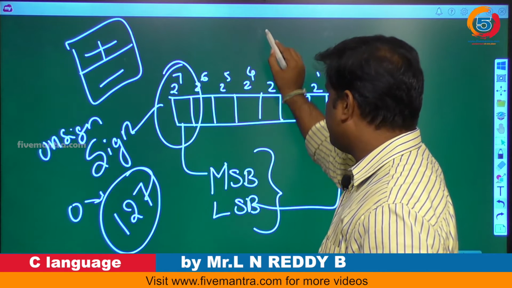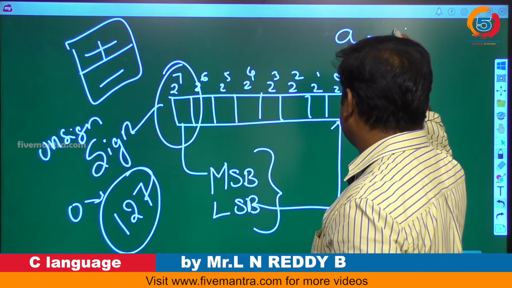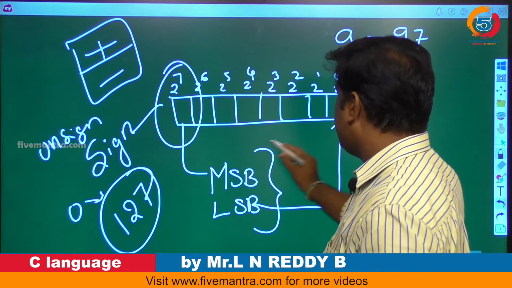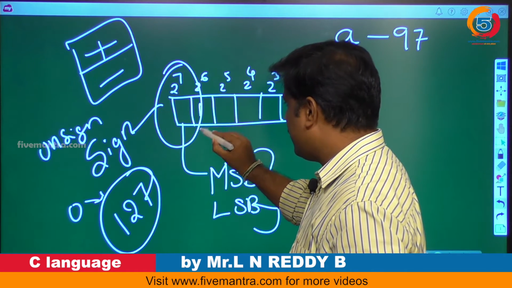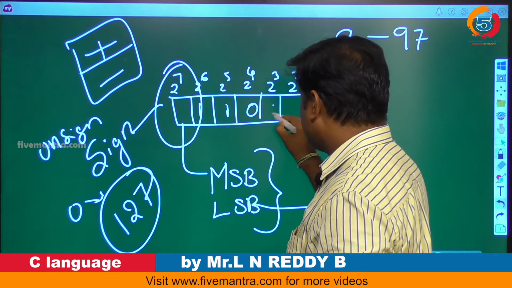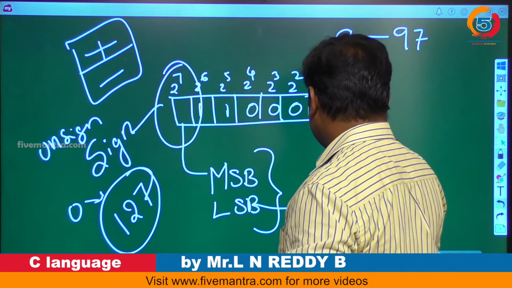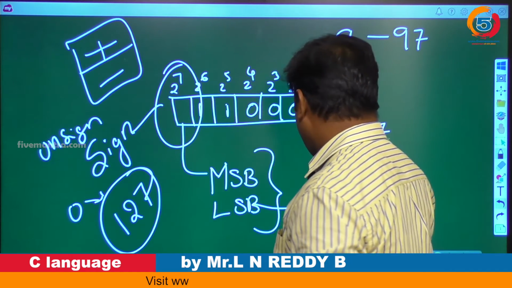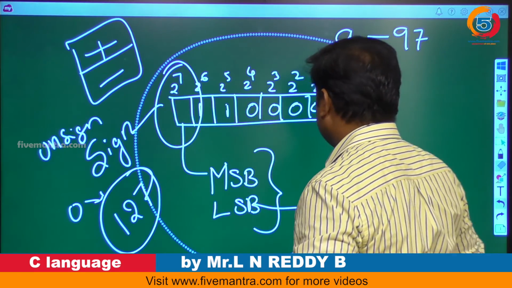Here we have a representation like A. If I represent it, this value is nothing but 97. 97 will be represented with the help of 64 as the one, and the next one will be 32, and then 0 0 0 0 0. So what is the max you can represent?